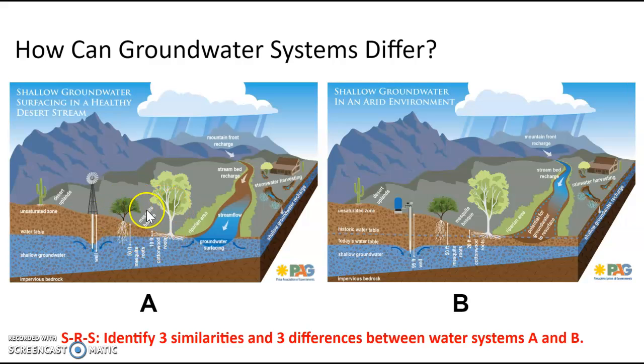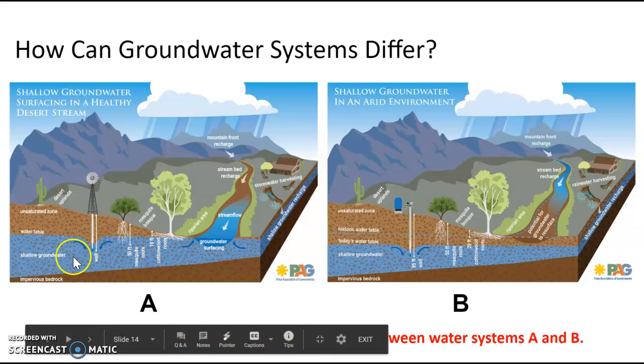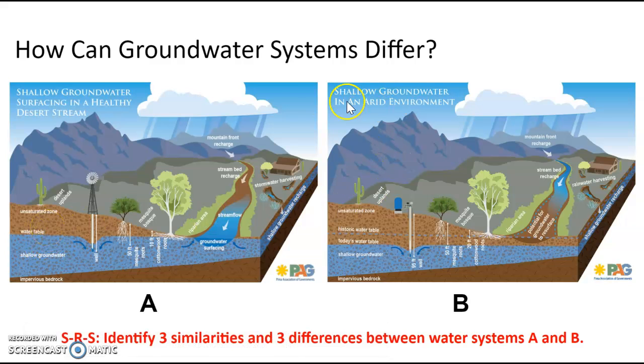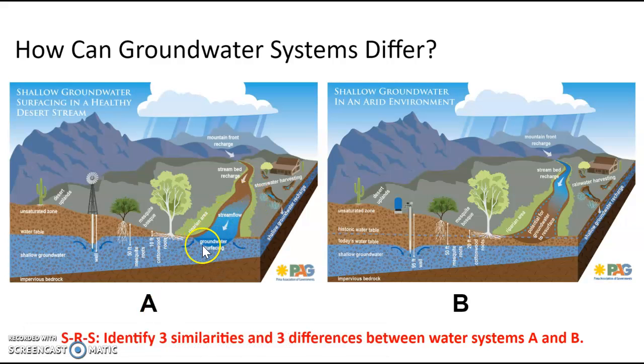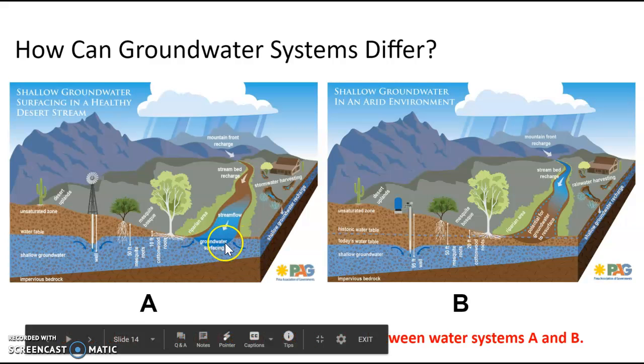Both of these different trees, the cottonwood and the mesquite, can have a really simple windmill well to access their water, and then they have rain from the mountains filling their stream bed, and the stream will keep flowing even if there's no rain, because there's groundwater that's touching the stream.